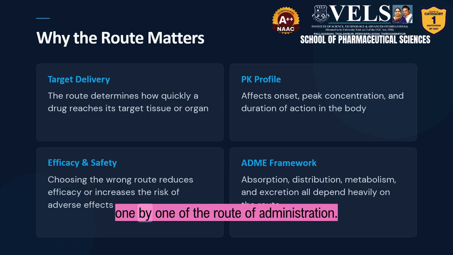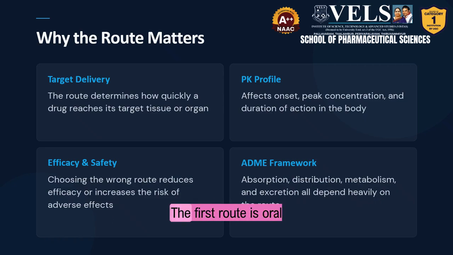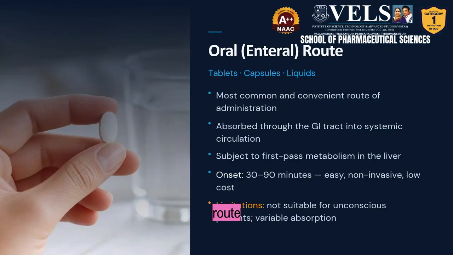Next, we will see the routes of administration one by one. The first route is the oral route of drug administration. The oral route is the most common and convenient route. Tablets, capsules and liquids are absorbed through the gastrointestinal tract.